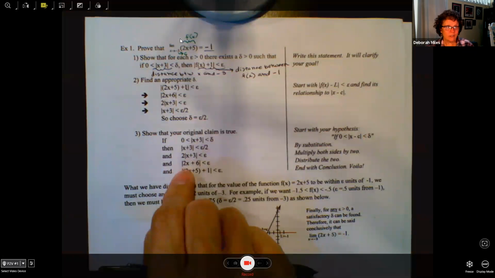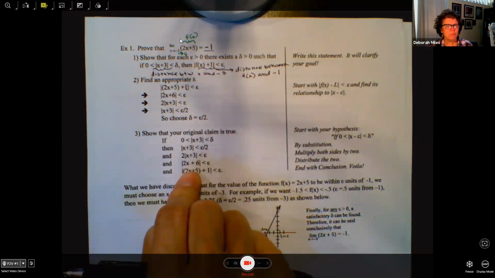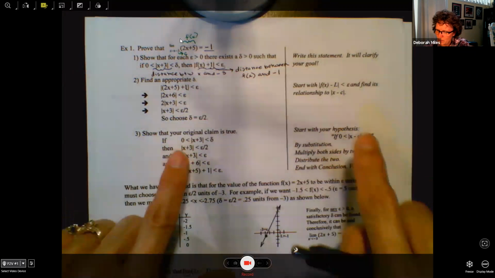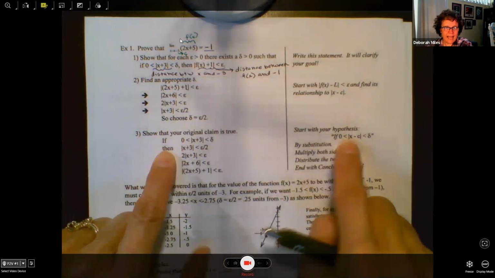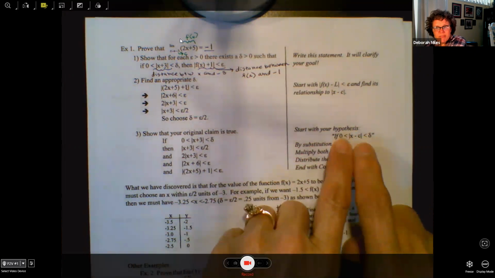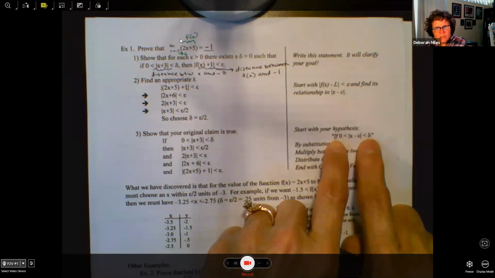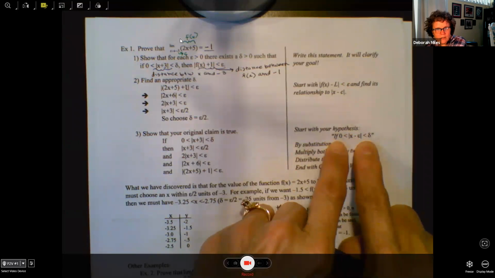The last step is actually your proof. You have to find the delta before you can do your proof. And anytime you do a proof, you have to state your hypothesis. The hypothesis is straight out of the definition. The definition says for any epsilon greater than 0, there exists a delta greater than 0, such that if the absolute value of x minus c is less than delta, that's your hypothesis right here.